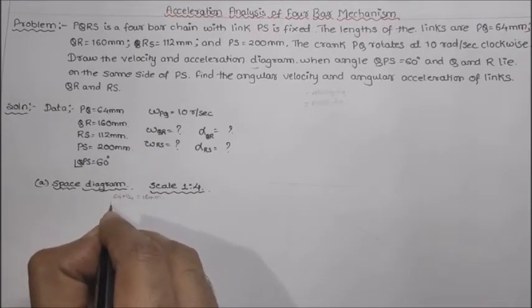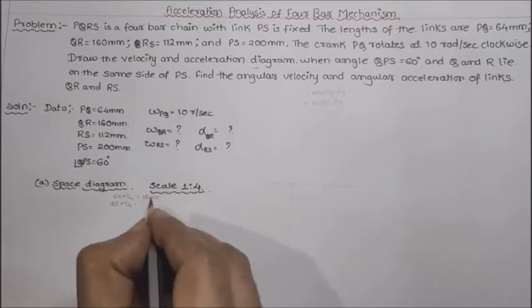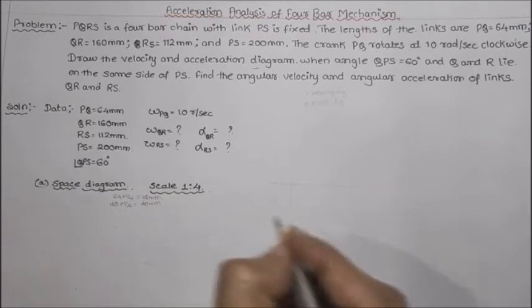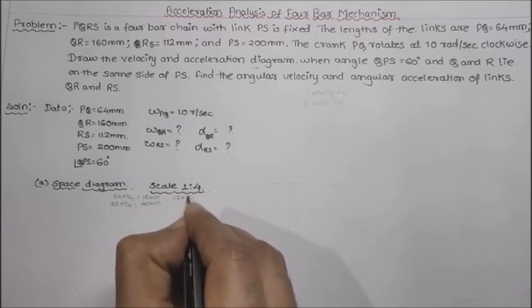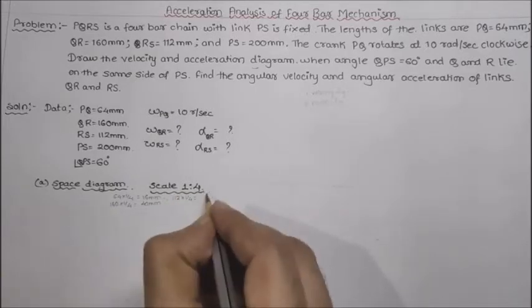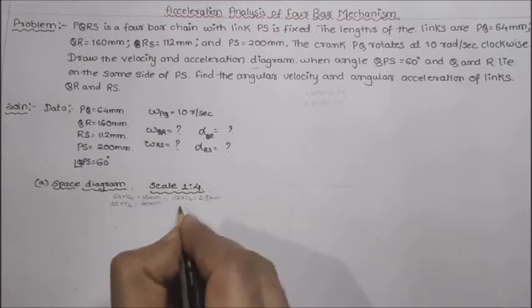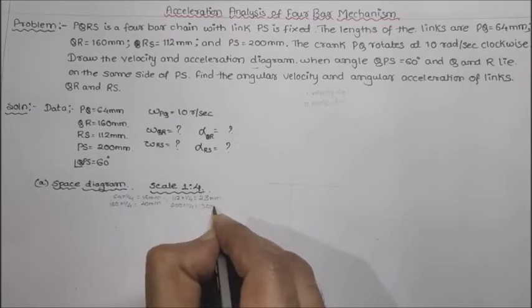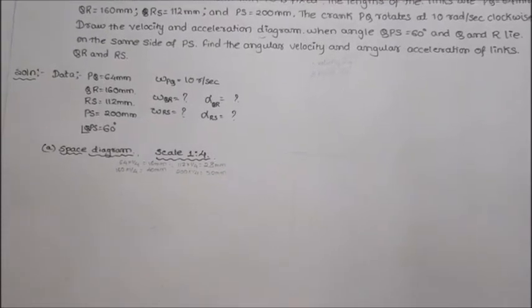Then 160 multiplied by 1 by 4, that is equal to 40 mm. Then 112 into 1 by 4, that is equal to 28 mm, and then 200 into 1 by 4, that is equal to 50 mm. So using the scale we will draw the space diagram.